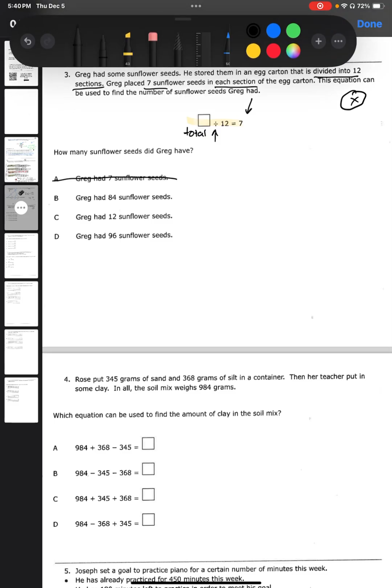You can't put a 7 in that box because 7 is smaller than 12. I'm also looking at option C. While the answer is 12, 12 is the same size as the second number, 12 divided by 12. While that is a proper division problem, 12 divided by 12 is 1. When I look at this answer here, the answer is not 1. Therefore, that front number cannot be 12.